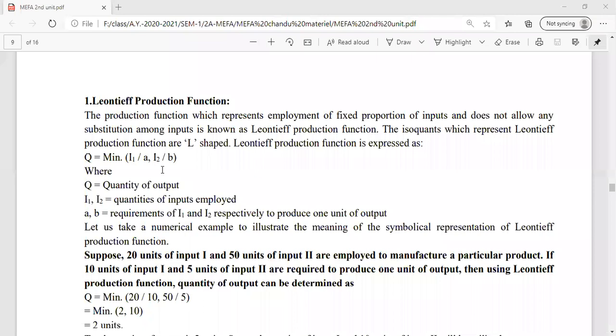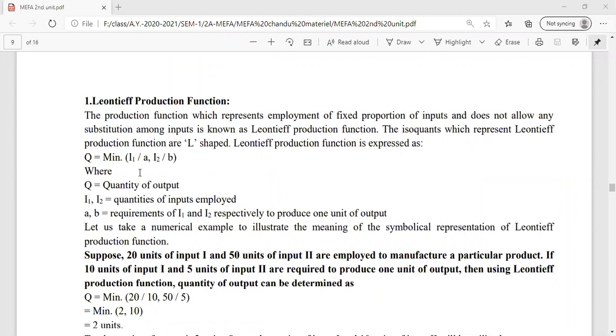You should be very careful, because different textbooks give different types of definitions, and if you study that, you'll get very confused. So just follow this. Q is the quantity of output produced, and I1 and I2 are the quantities of inputs employed.